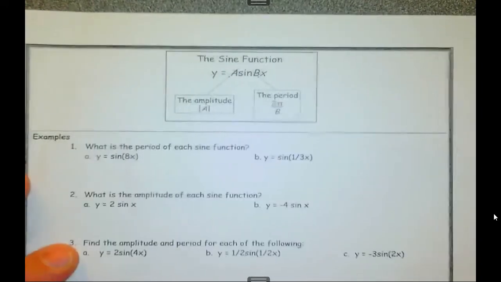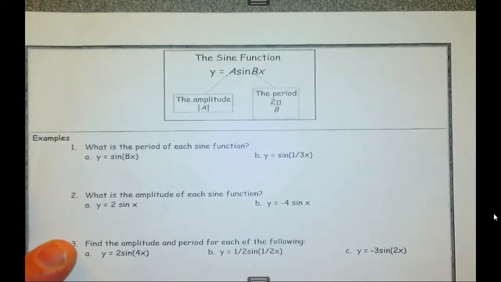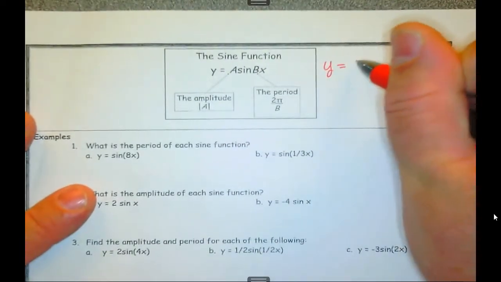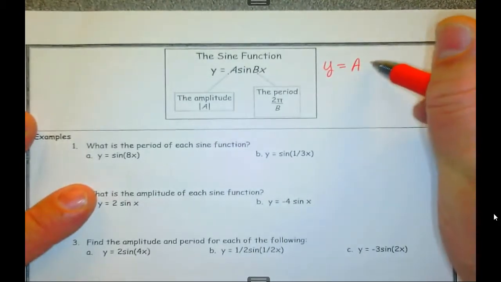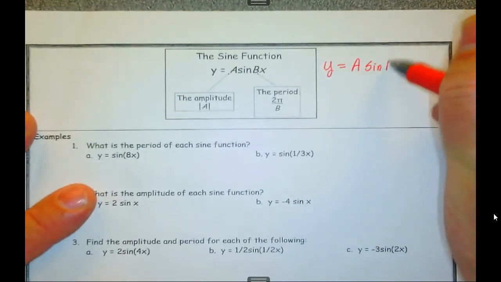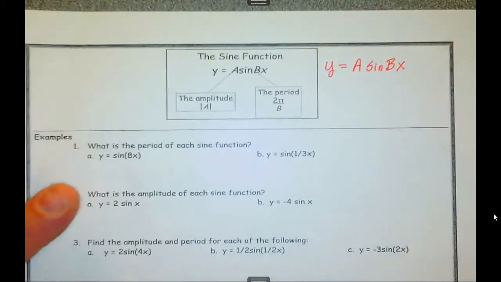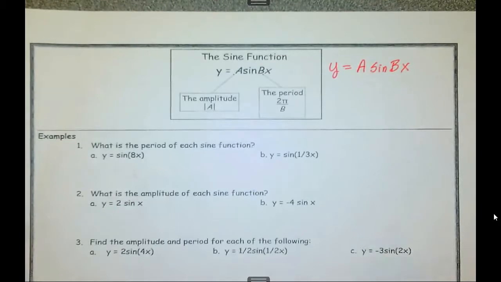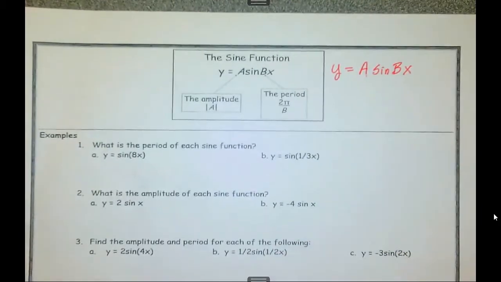We're going to take our little formula a step farther. We're going to use the y equals a sine of bx. And we have some definitions for the new variables that I put in there.